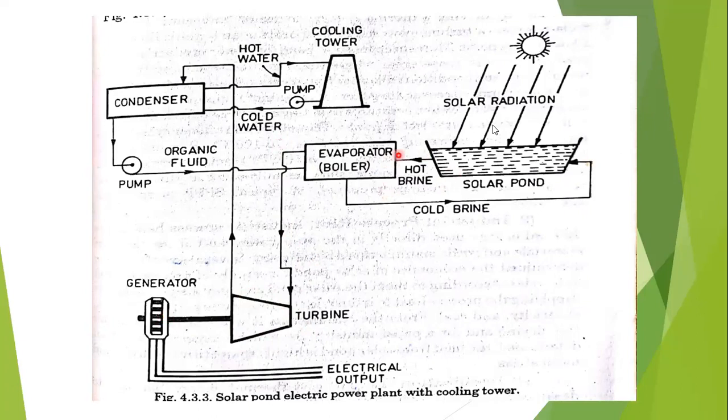So this is the first cycle, where we get the electrical output, after the turbine gives the movement to the coupling, and the coupling gives movement to the generator. After that there is another cycle going on here. The remaining vapor after moving the turbine will be traveling to the condenser.